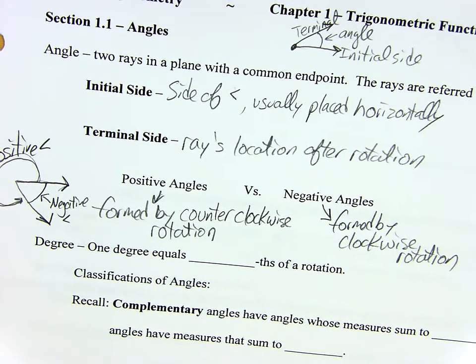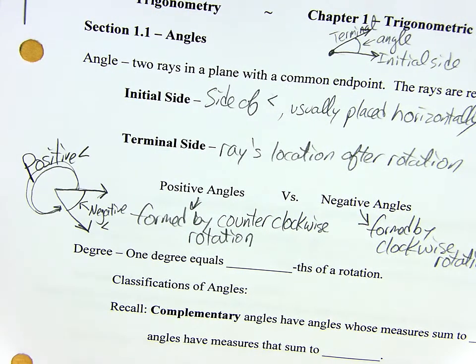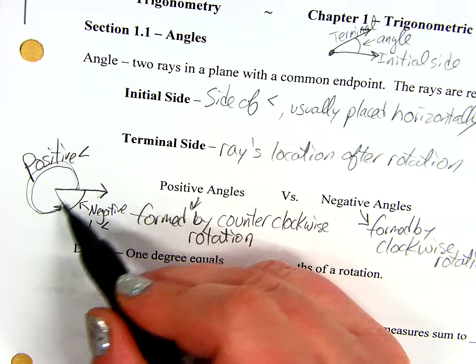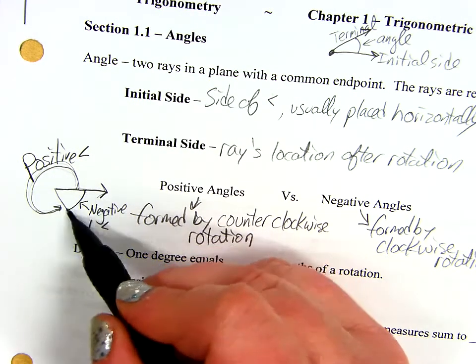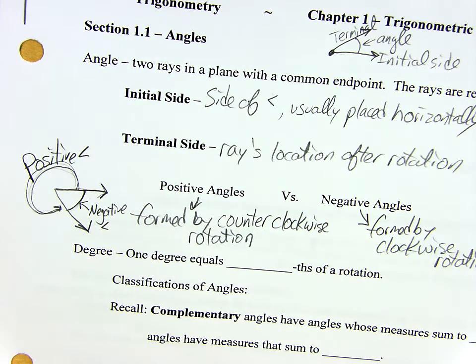So if you take a look at my little diagram here, this same angle can be referred to two different ways. I can refer to its positive angle, which is a really big angle, right? Or this can just be its negative angle, and they refer to the same thing. So for example, that angle might measure 330 degrees or negative 30 degrees. They're the same thing. So how many degrees in a full circle? 360, right?